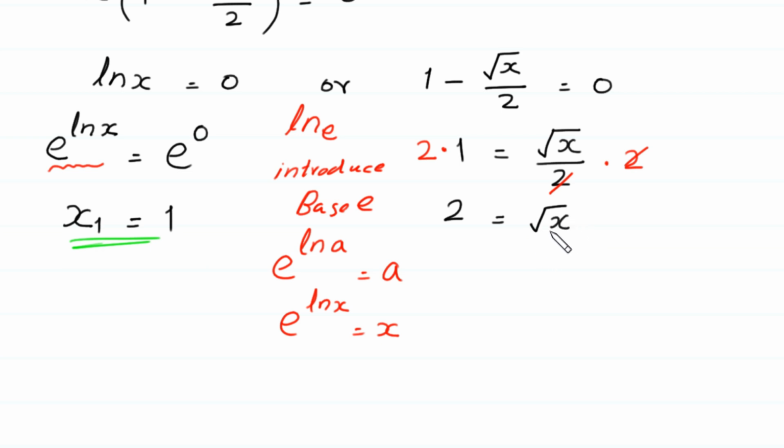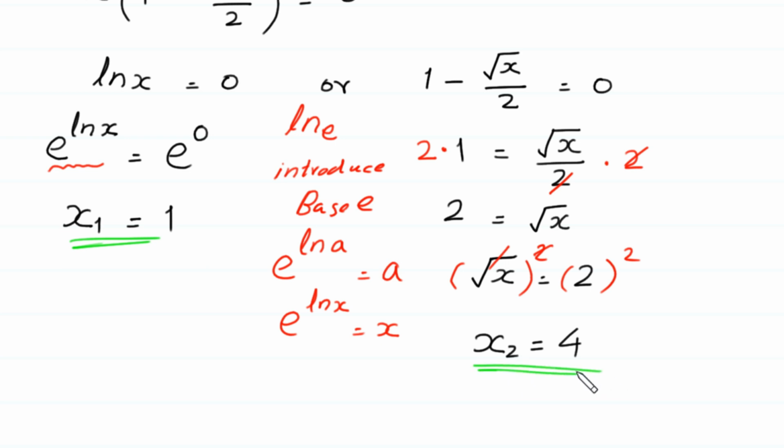Now we write this square root of x to the left side and this 2 to the right side. Square root of x is equal to 2, and from here we take square of both sides, and this square will be cancelled with this square root, and at the left side left, x is equal to, square of 2 is 4. This is the second value of x.